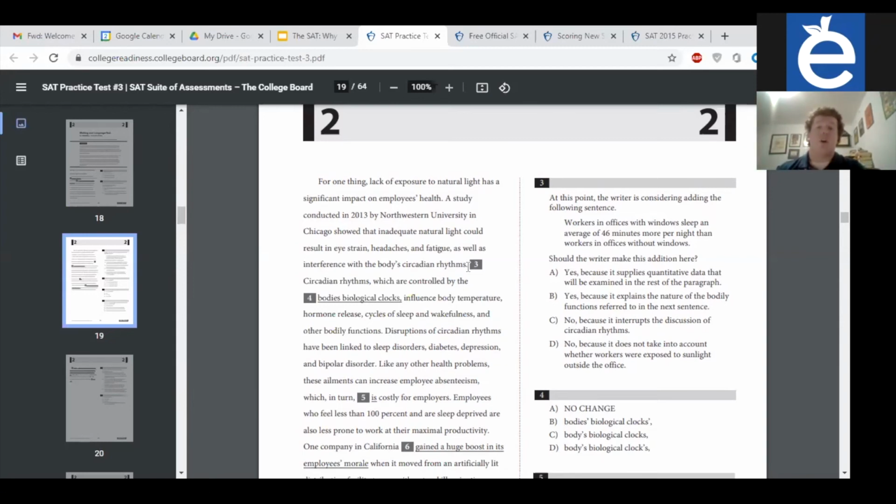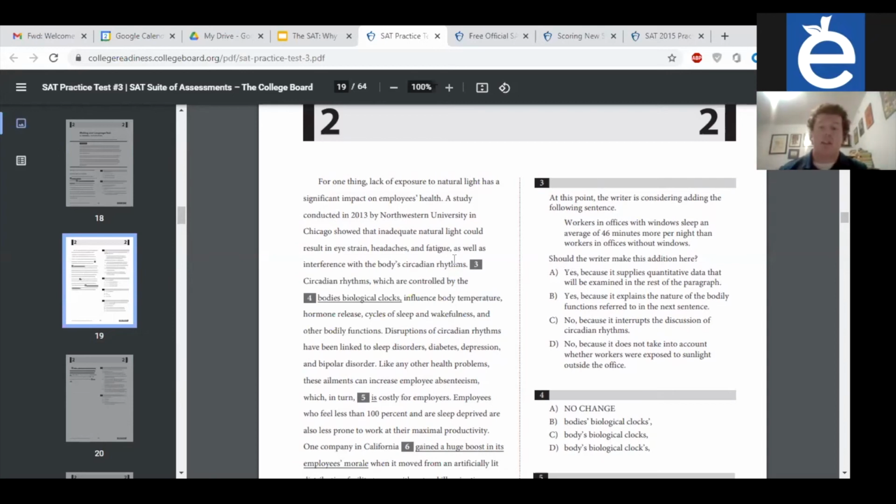C, no, because it interrupts the discussion of circadian rhythms, or D, no, because it does not take into account whether workers were exposed to sunlight outside of the office. We want to come up with our own reason beforehand, like we were just discussing, because we want to see what matches. So we can see that C matches pretty directly.